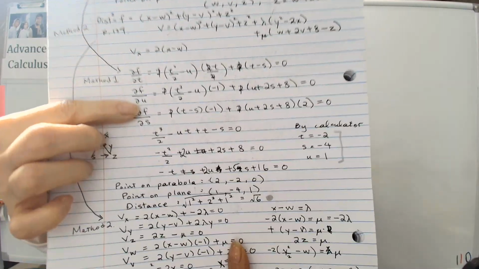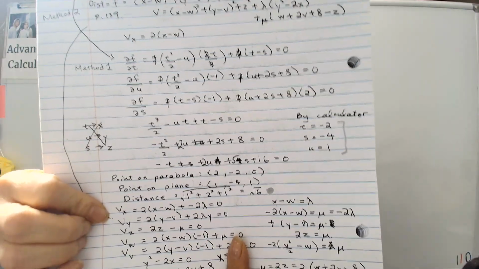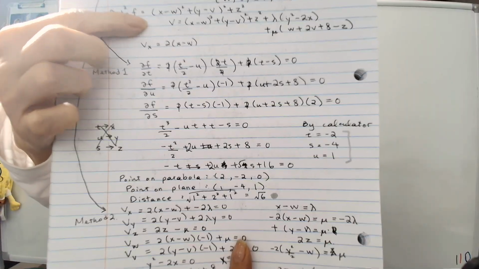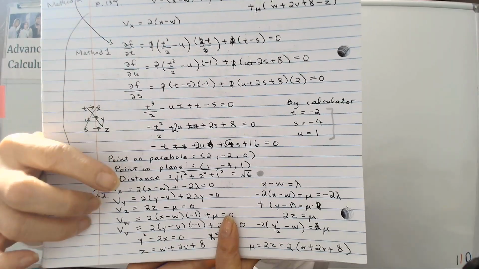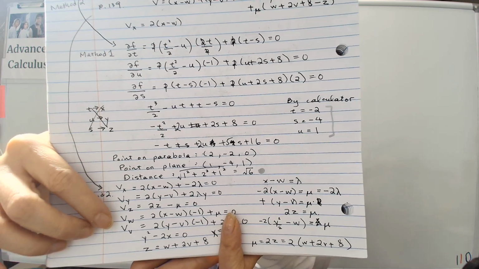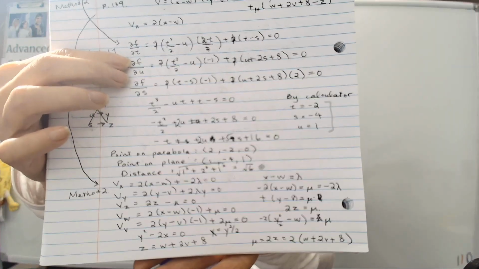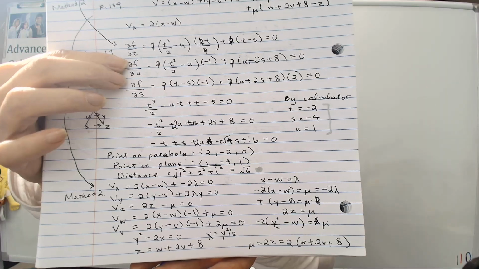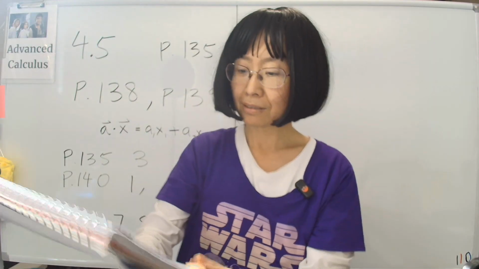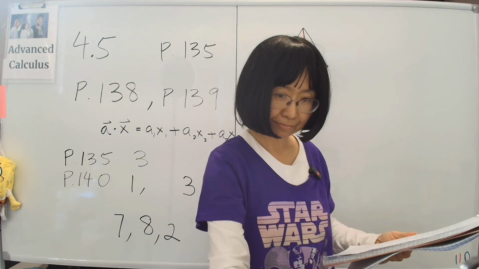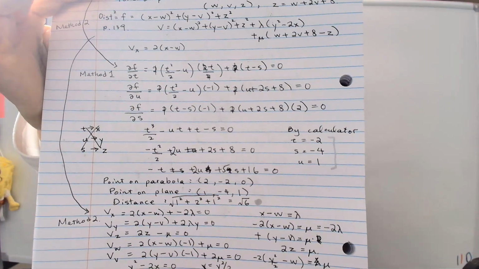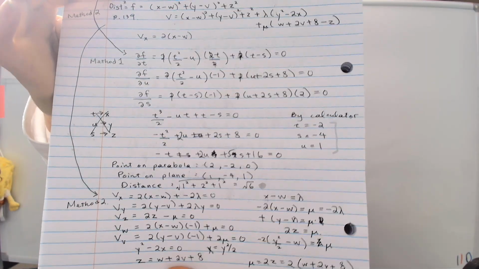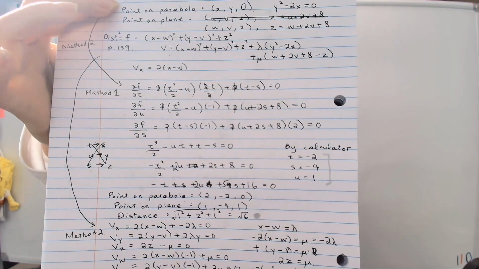So moving down here, now that we have the Lagrange equation, we need to calculate the partial derivatives of everything, and partial mu. Let me see here. I ended up with 5 equations, because I had so many variables, and maybe I didn't need that many equations.